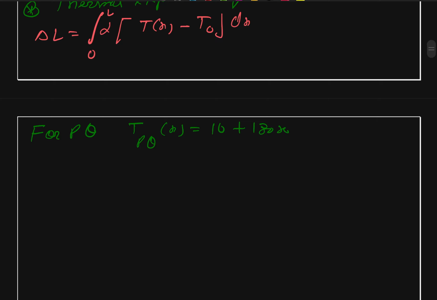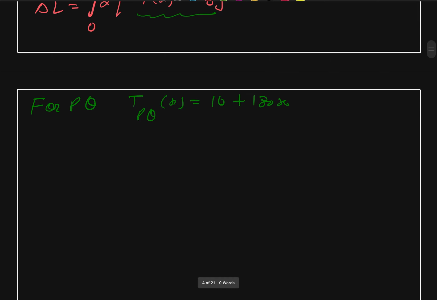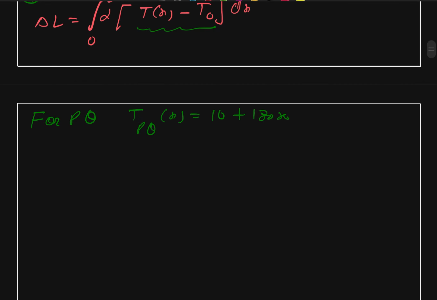We'll solve this part first. T of PQ of x minus T naught is 10 plus 130x minus T naught, and T naught, the initial temperature, is 10. This gives us 130x.